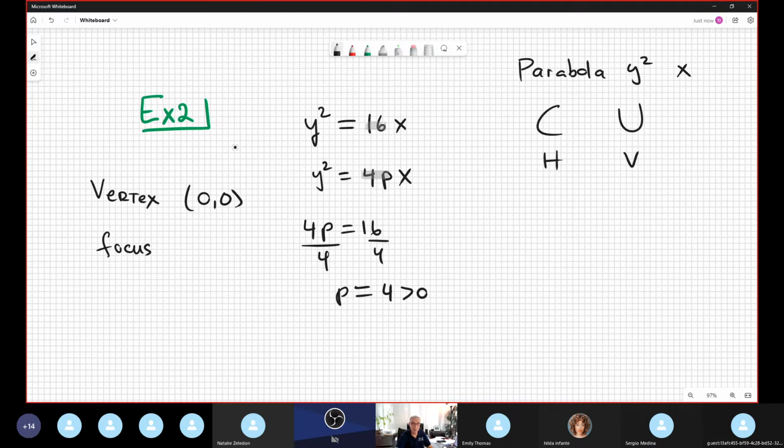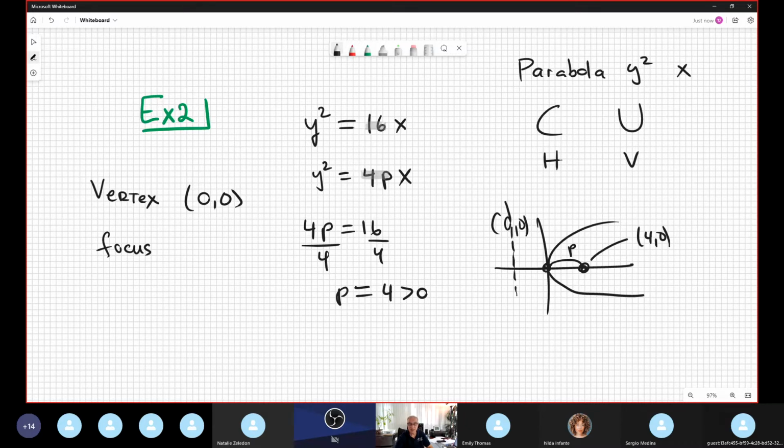Okay, P this time. So my parabola, roughly sketched by hand to understand the behavior, is at 0,0 and opens in that direction. And this distance is P, in our example 4, so that point is then 4,0. Makes sense, right? And the directrix is lying like that. It's x equals minus 4, in the opposite direction. And the endpoints of the focal diameter: from 4,0, they are 4, something and 4, minus something.